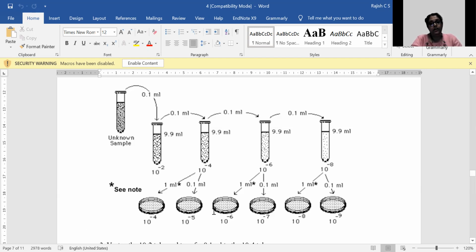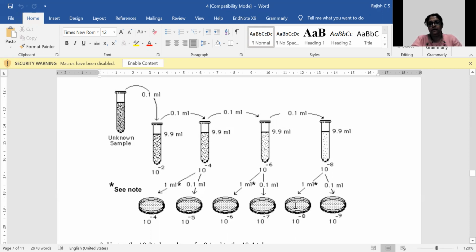Depending on that, if you have 10 to the power 7 cells, then in 10 to the power minus 7 dilution you are going to get very few cells. In 10 power minus 6, you will be getting around 20 or 30 colonies. And in 10 power minus 7, you will be getting less than 10 colonies. Now, if you have 10 to the power 9 cells, here only you will be getting very few colonies.